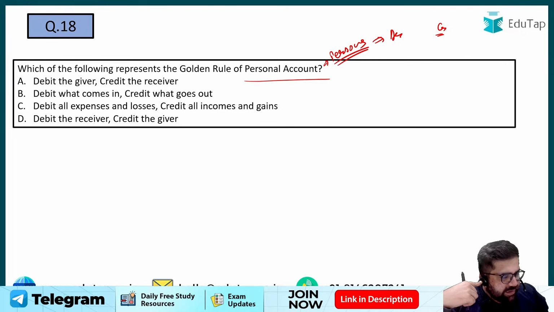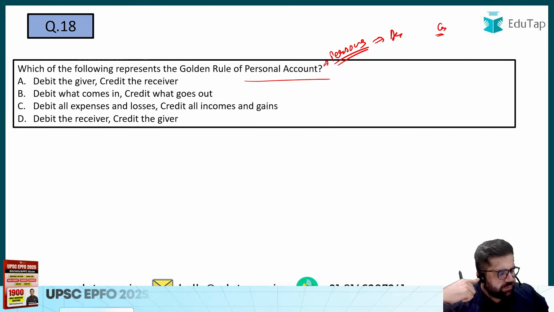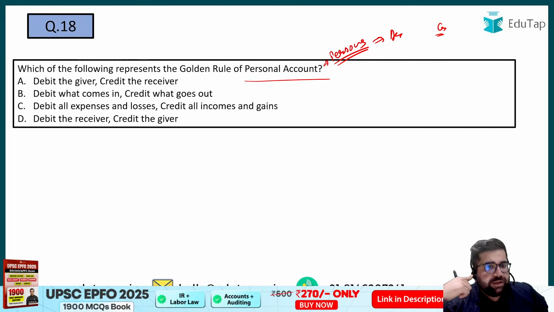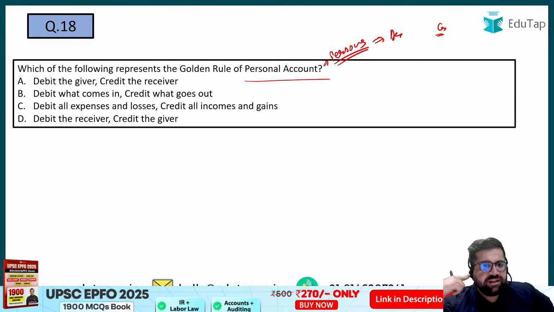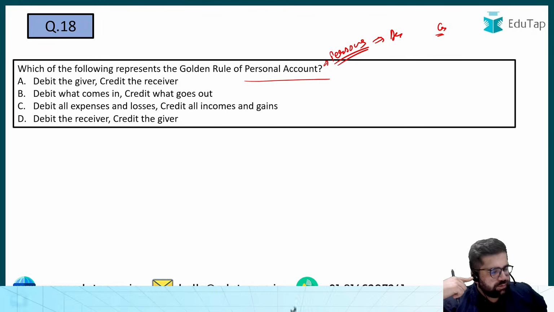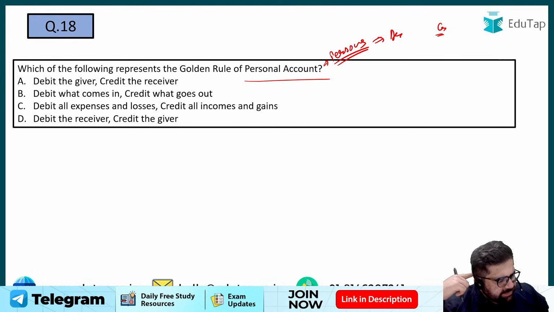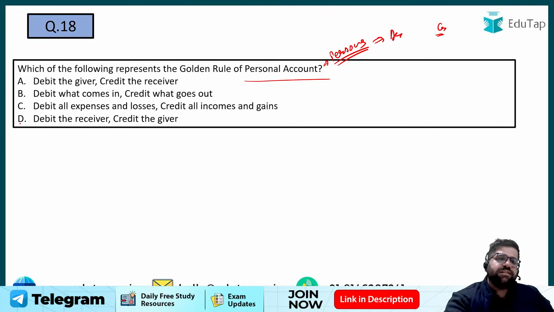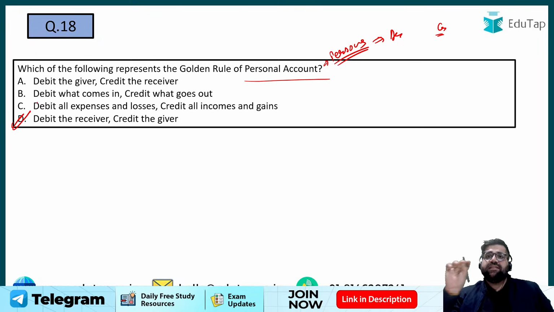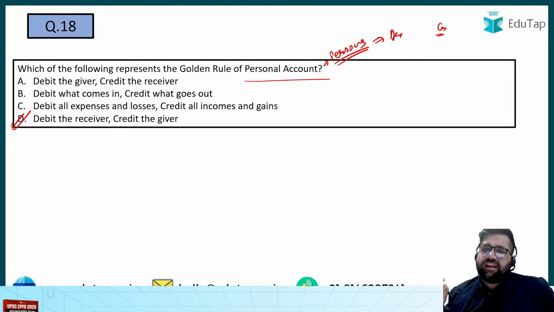Please tell me the correct answer. What will be the correct answer? Yes, the correct answer will be option number D. Debit the receiver and credit the giver.